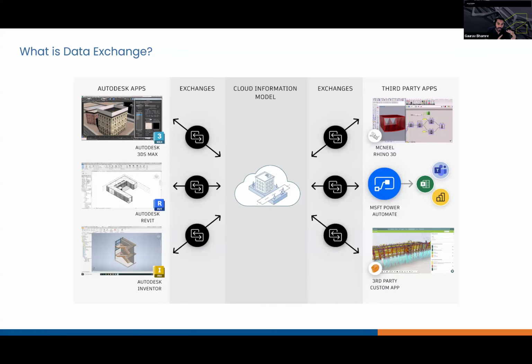Say for example, if you are a Revit designer or a Revit detailer who wants to share the details of their building with a downstream Rhino detailer who wants to do intricate details on your facade or floors or ceilings, etc. So you can create that subset of your Revit model and easily share it into Rhino or to any other custom application that you build on top of data exchange, because data exchange has a set of offerings which allows you to leverage the APIs behind data exchange to load this data, as well as create a custom application of your own, which is shown in the lower right corner of this graphic.